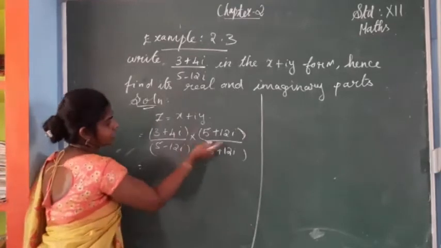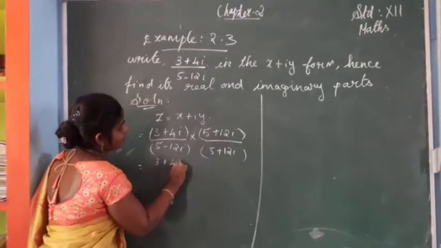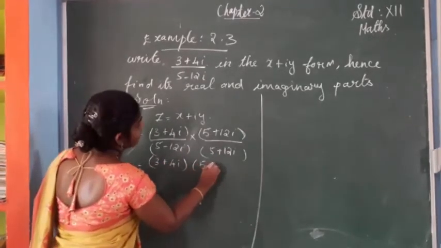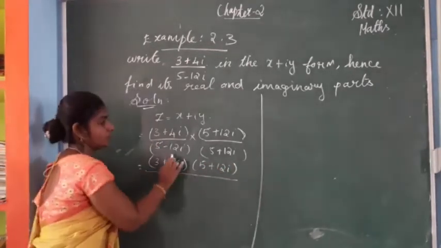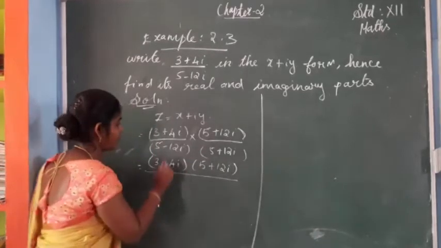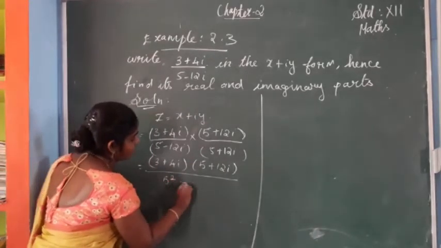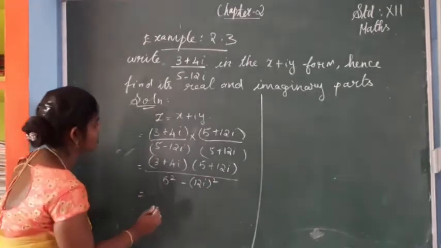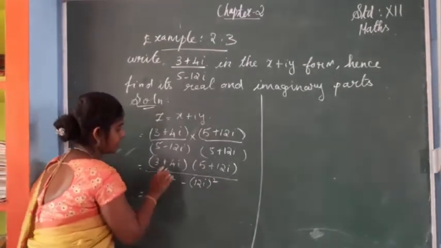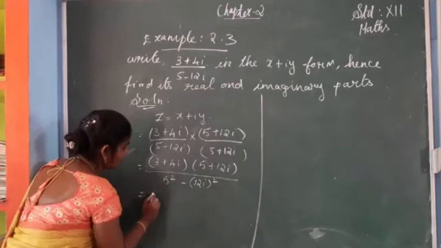That's equal to multiply 3 plus 4i into 5 plus 12i divided by, use the formula a square minus b square. So 5 square minus 12i the whole square.